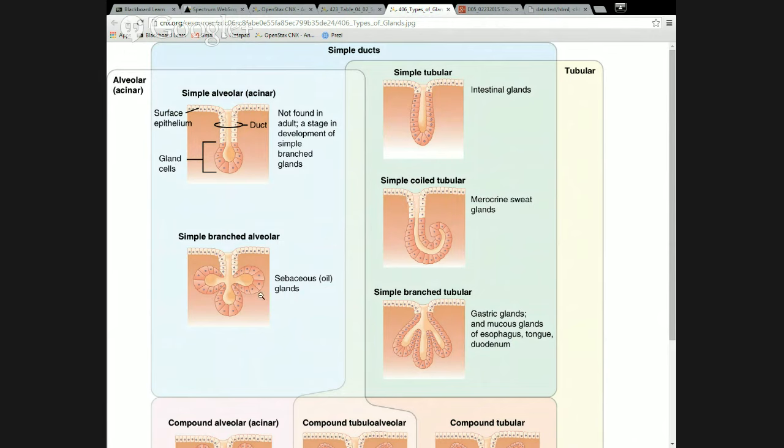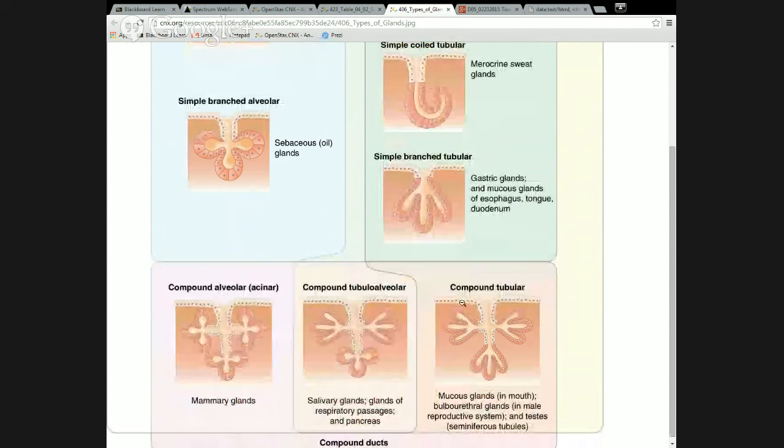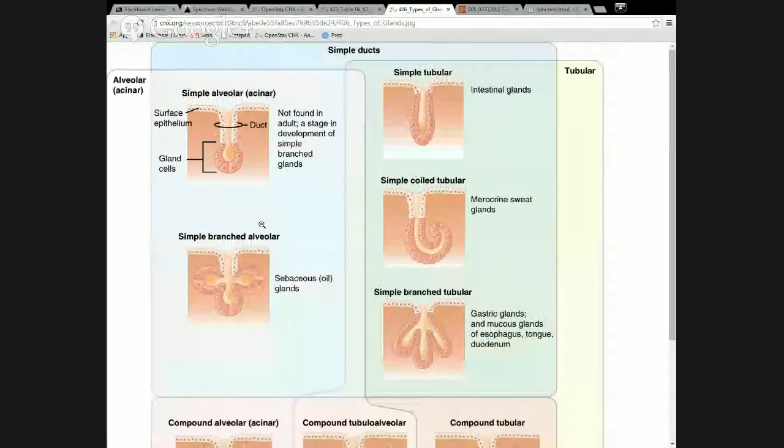Oil glands are a little bit more complex than this picture makes out, but where they're actually secreting things, where this three-leaf clover looking structure is, there's a little cluster of cells there, which are not layered or anything like that. And then they go into a few different types of shapes. I don't care too much about the shapes that they're laying out here.